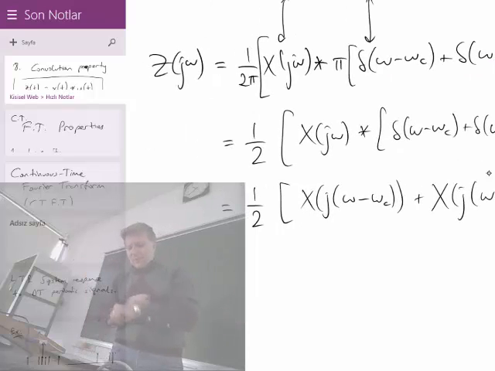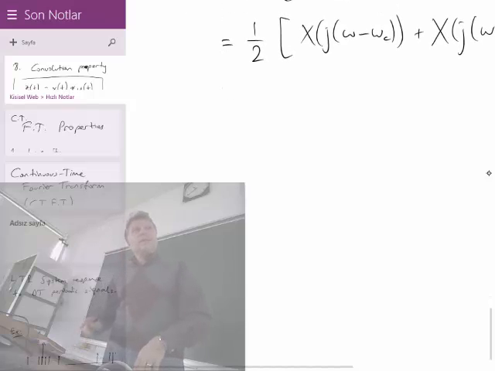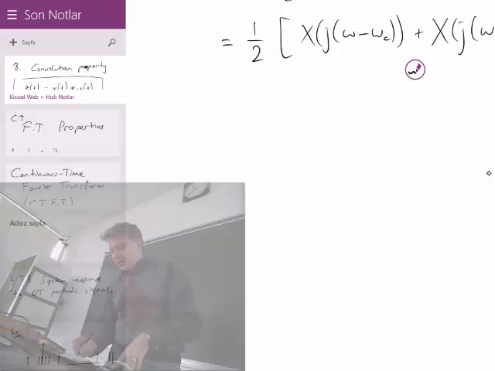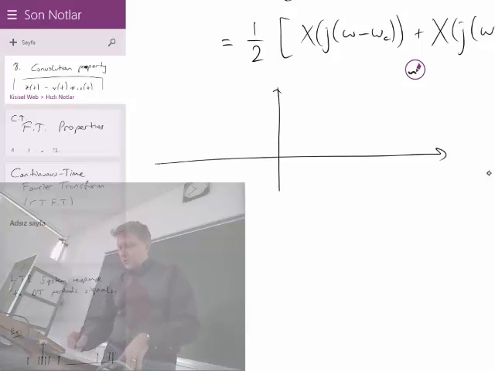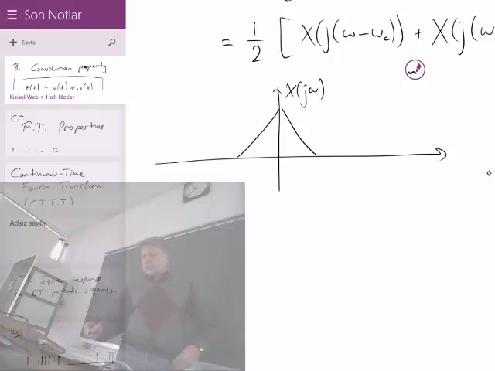Now let's see what's happening as a graphical illustration. The situation is as follows. Let's assume that you had a Fourier transform X of j omega, which is baseband. So it is between omega s and minus omega s.